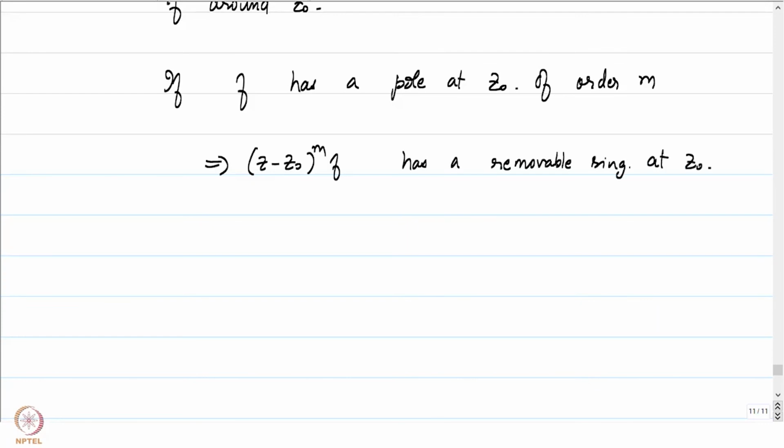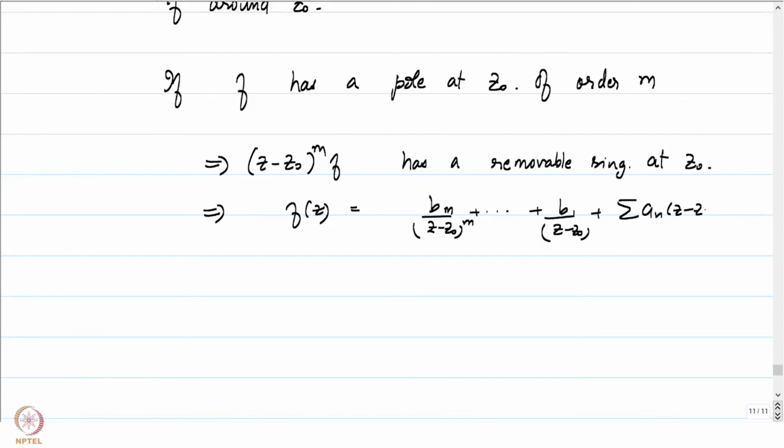We will be able to conclude that f of z, in fact we already have written f to be equal to a_m by (z minus z0) to the power m, plus all the way up to a_1 by (z minus z0), plus the summation of b_n (z minus z0) to the power n, n equal to 0 to infinity.